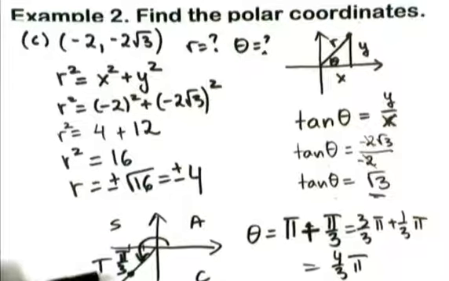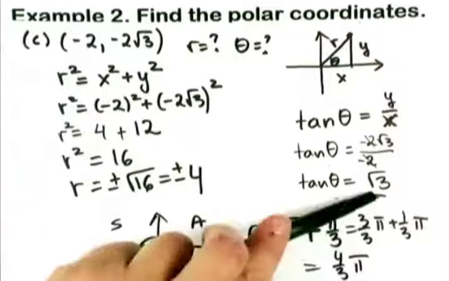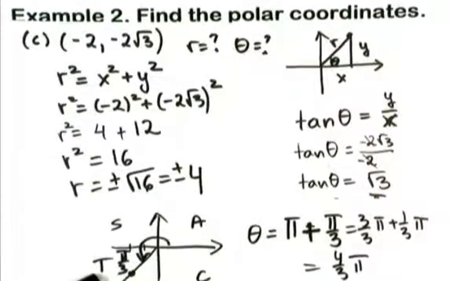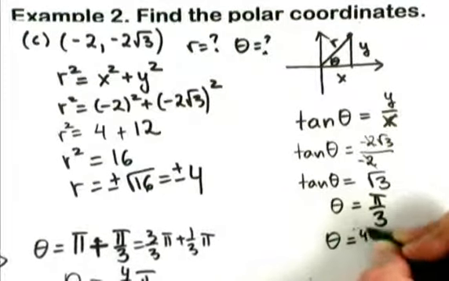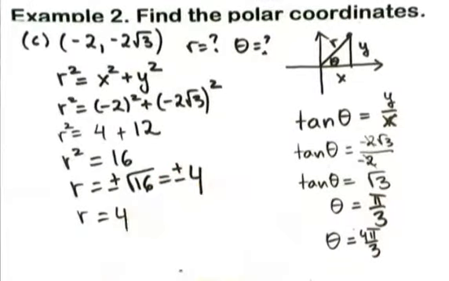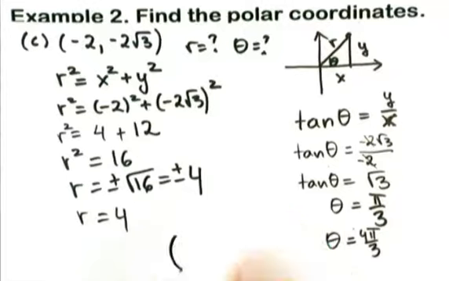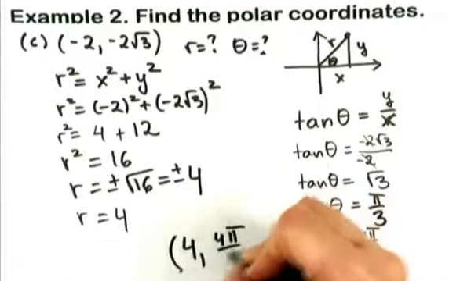We are in the third quadrant from plotting the point, and tangent is positive in the first or third. So it can be either this angle or this. So my theta is 4 pi over 3. Then my radius is 4, and theta is 4 pi over 3. Then the polar coordinates of this point are 4 and 4 pi over 3.